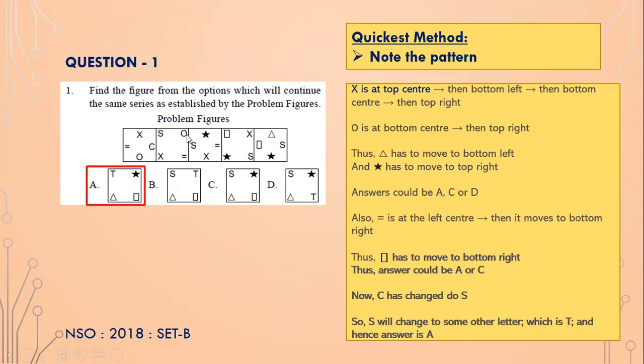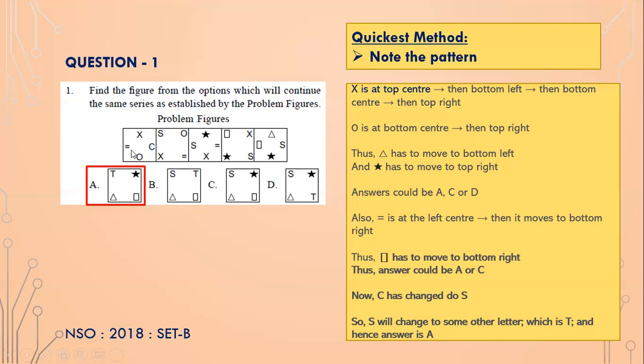So in the next figure, the triangle should come to the bottom left and the star should go to the top right. So the answer could be any of these, either A or C or D.